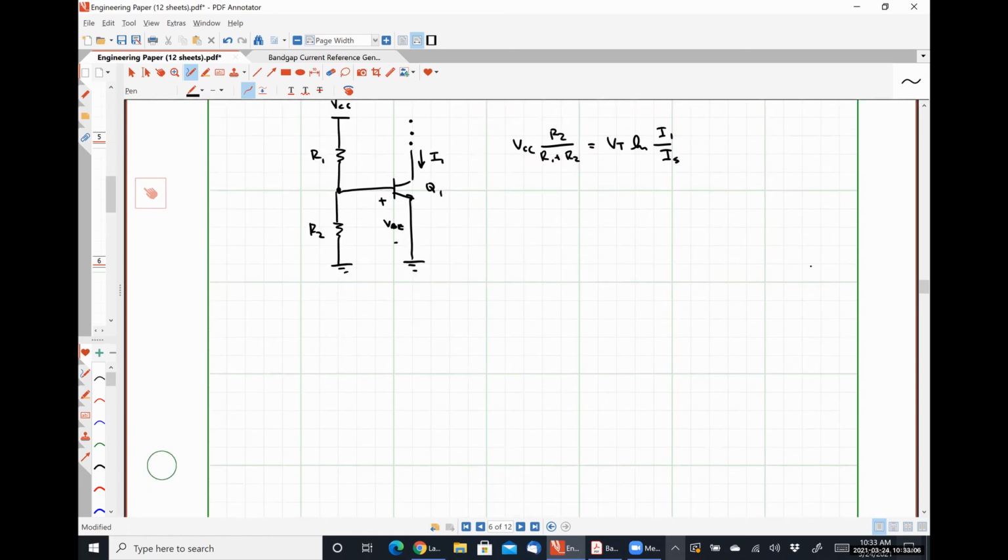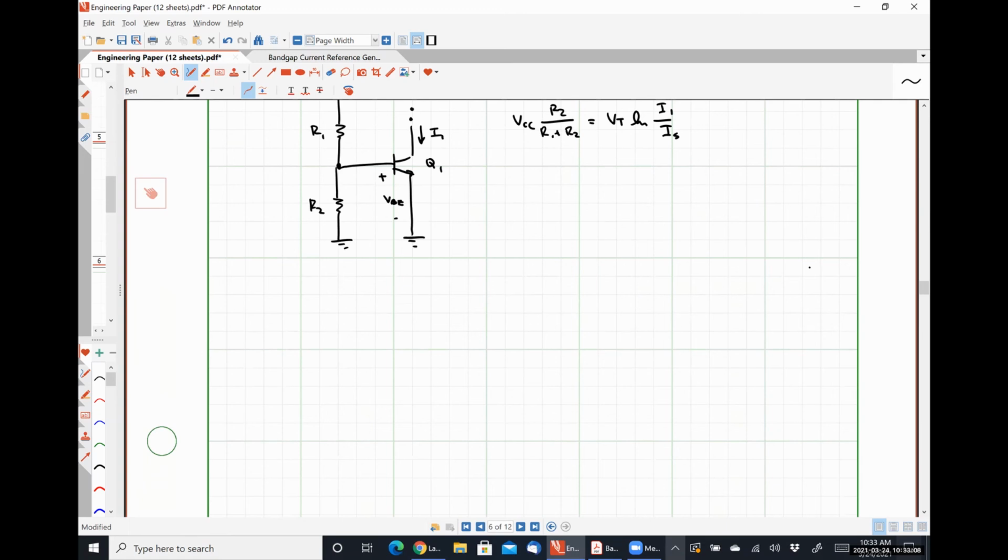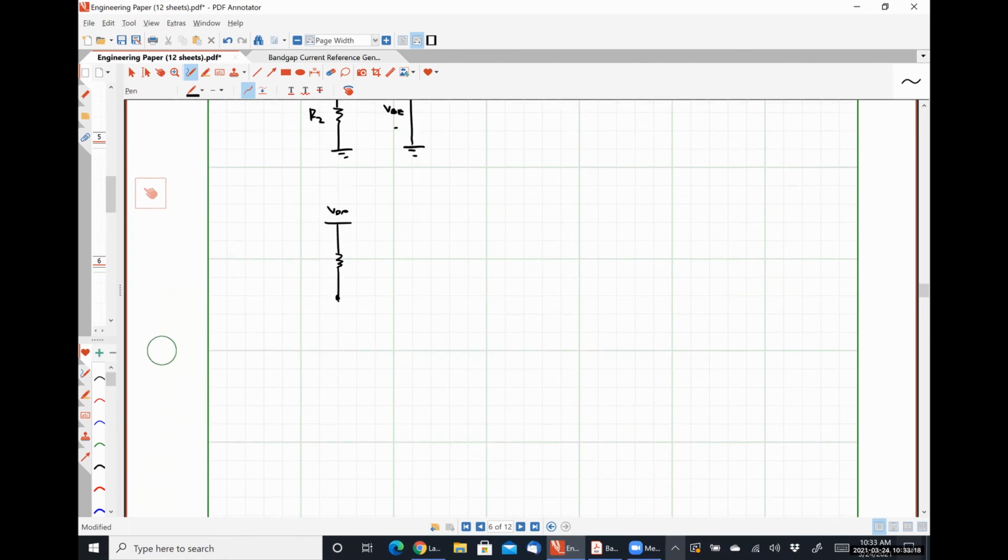If we looked at a MOSFET circuit, we would see roughly the same effects. So here's R1, here's R2. This would be VGS.